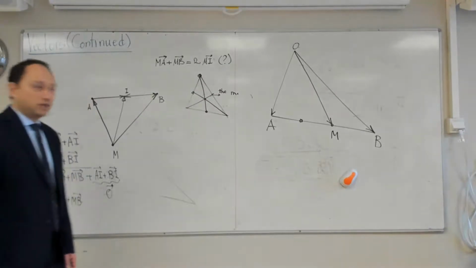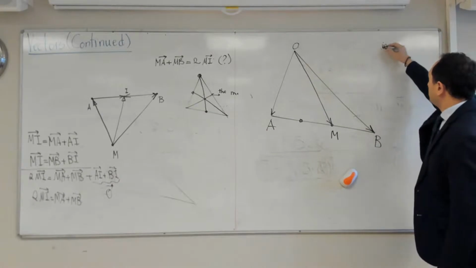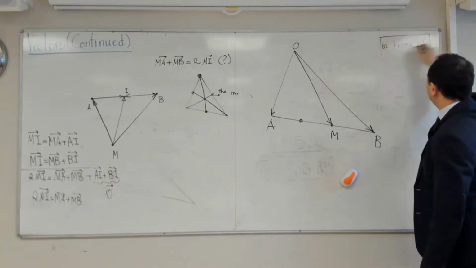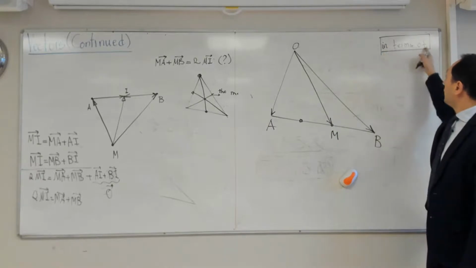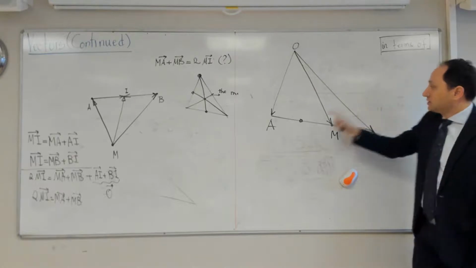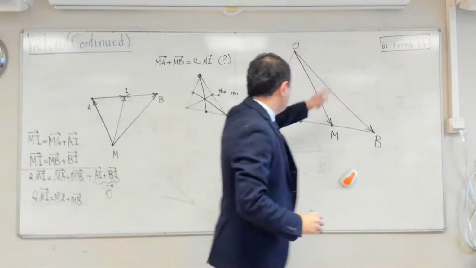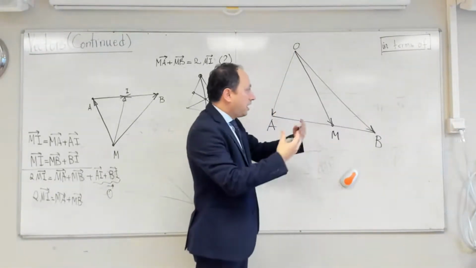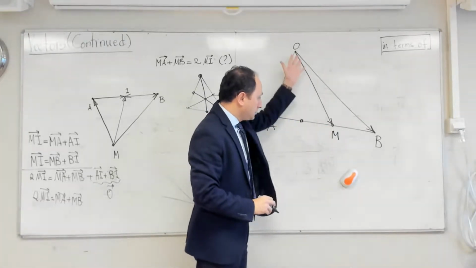Right. Okay, so I want you to understand this word I talked about, in terms of. So this is very, very ubiquitous in mathematics. So I am saying that write OM in terms of A, B. So it means that if I give you vector OA and vector OB, find a formula for me so that I can immediately calculate to determine OM.